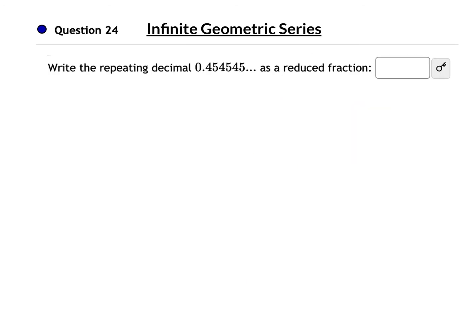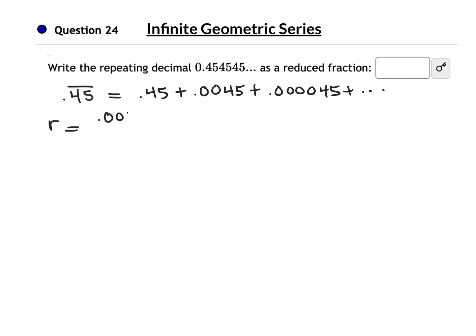Question 24. 0.45 repeating is what we have. I'll write this as a geometric series. 0.45 plus 0.0045 plus 0.000045. To find the common ratio, I'll take the current divided by the previous.